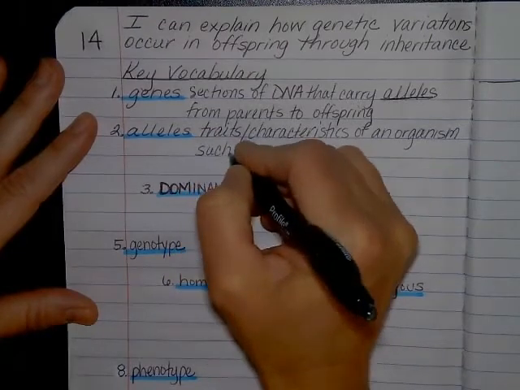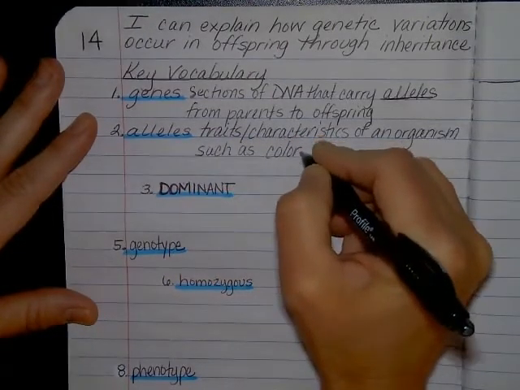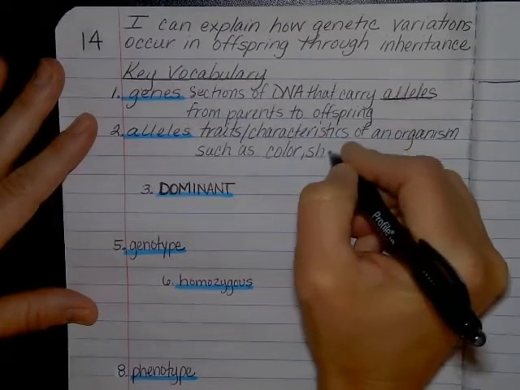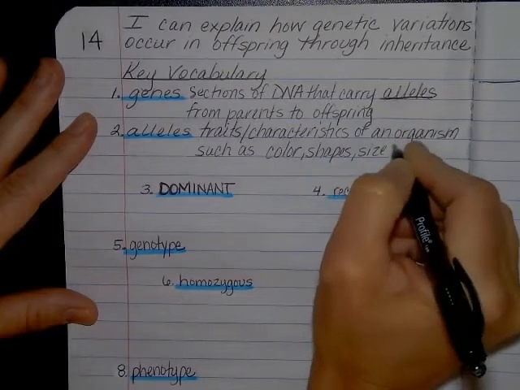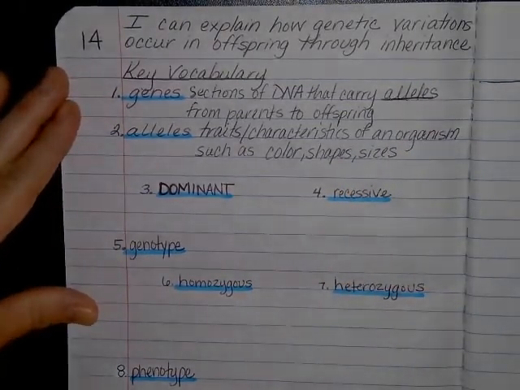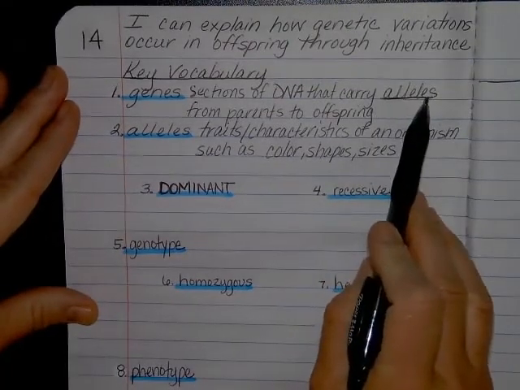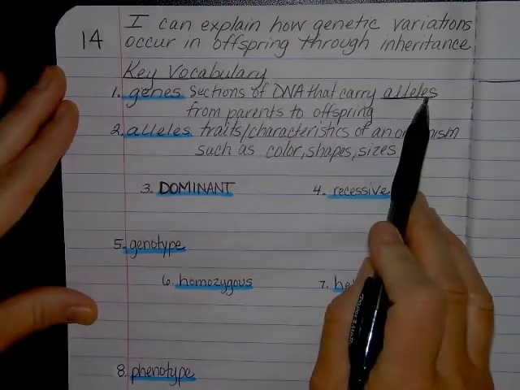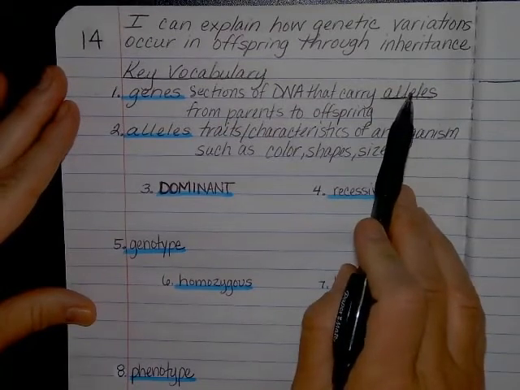So traits would be things such as color, shapes, and sizes. Okay? So as you can imagine, if genes carry the alleles, then there are two alleles per gene because there is a mother trait and a father trait, right?